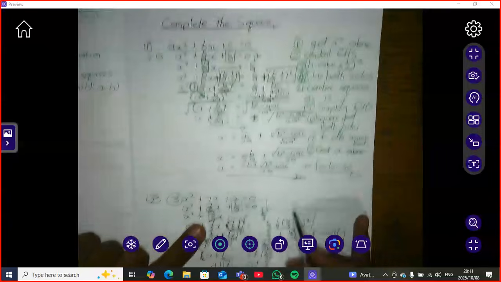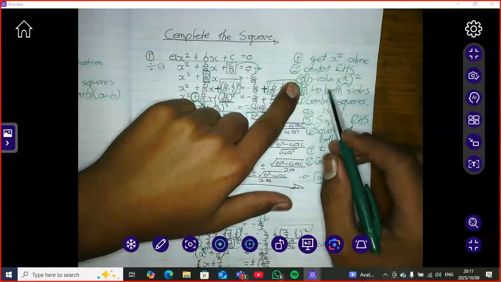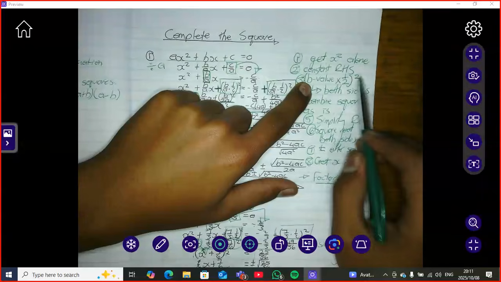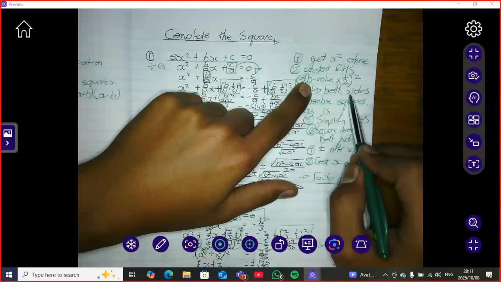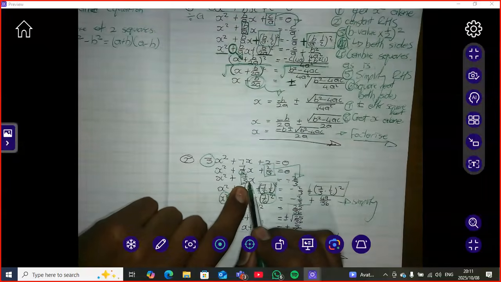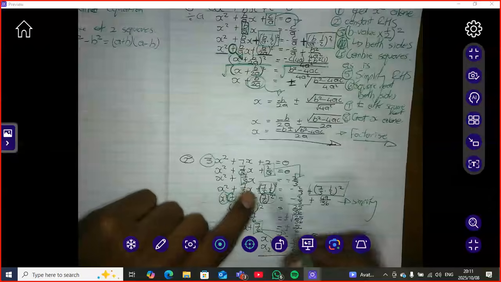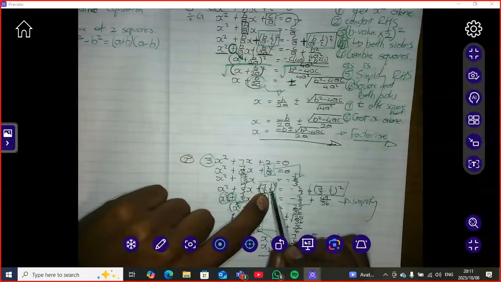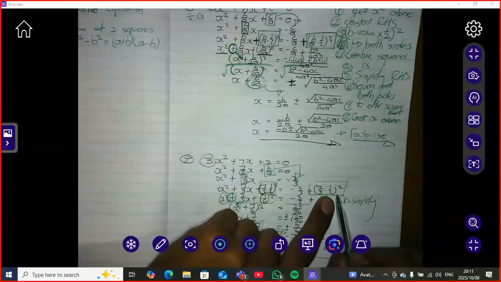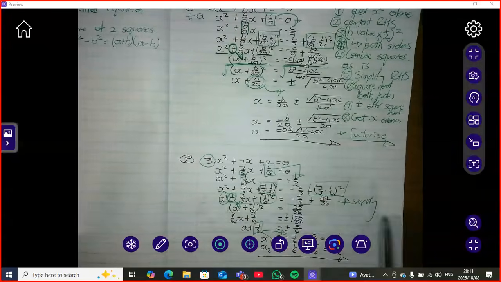So my step 3, put my b value times a half in brackets squared on both sides. My b value is 7 over 3x, but it's 7 over 3. So 7 over 3 times a half in brackets squared. I do the same on the other side.